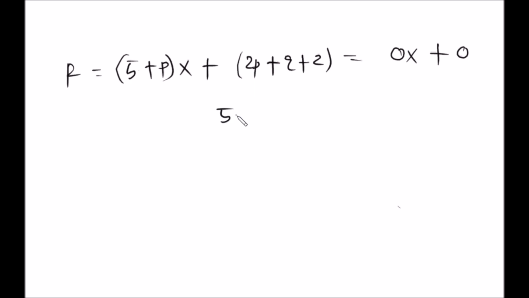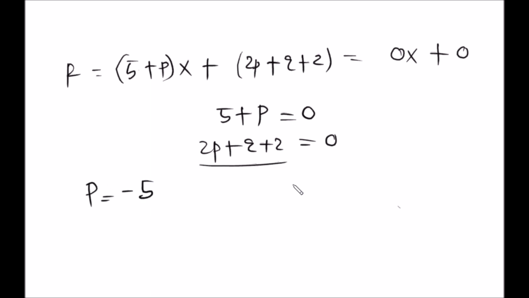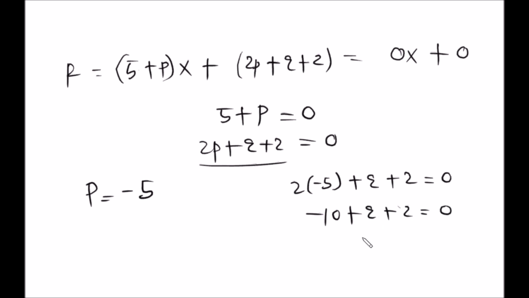Kwa hiyo hii 5 plus p itakuwa sawa na 0 na hii 2p plus q plus 2 itakuwa sawa na 0. So kwenye 5 plus p, nikileta 5 huku p ni nini? Negative 5. So hapa nitapachika negative 5 nipate q, itakuwa 2 times negative 5 plus q plus 2 sawa na 0. So itakuwa negative 10 plus q plus 2 sawa na 0. Negative 10 plus 2 negative 8 plus q sawa na 0. Leta negative 8 huku, q itakuwa nini? 8. So q ni sawa na nini? 8.